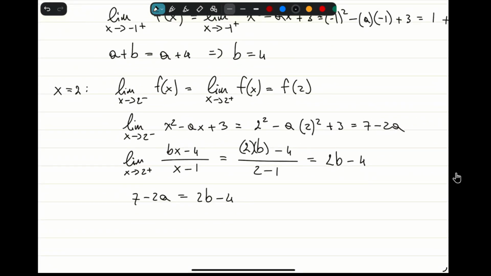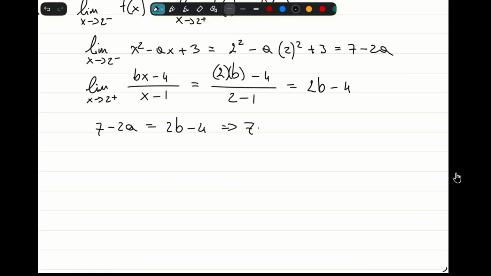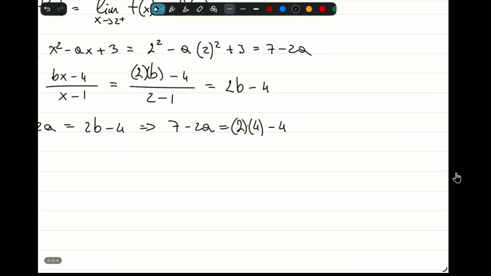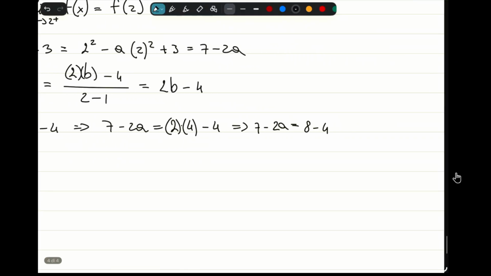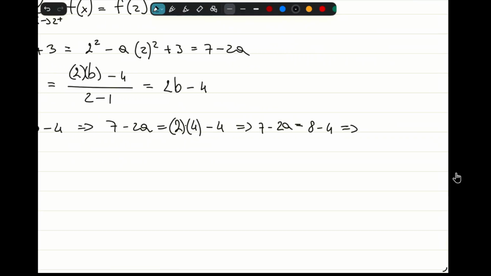We remember from up here that we found b equals 4, so we can just substitute that in. We get 7 minus 2a equals 2 times 4 minus 4. We get 7 minus 2a equals 8 minus 4, which will just be 4. So we bring the 7 to the other side.